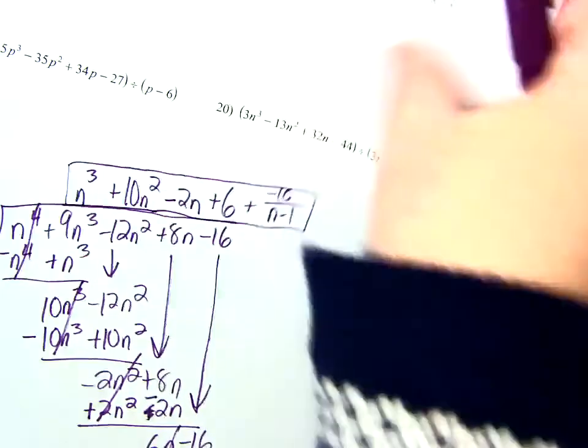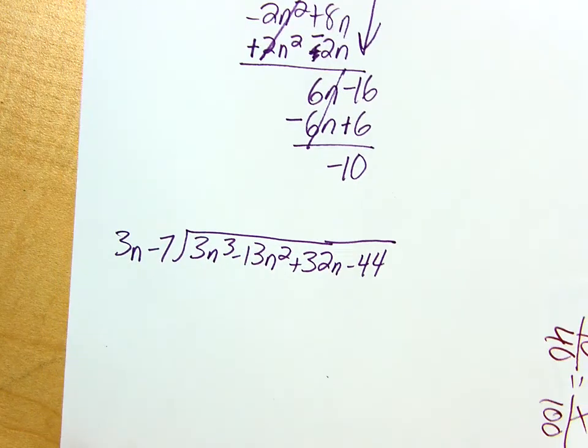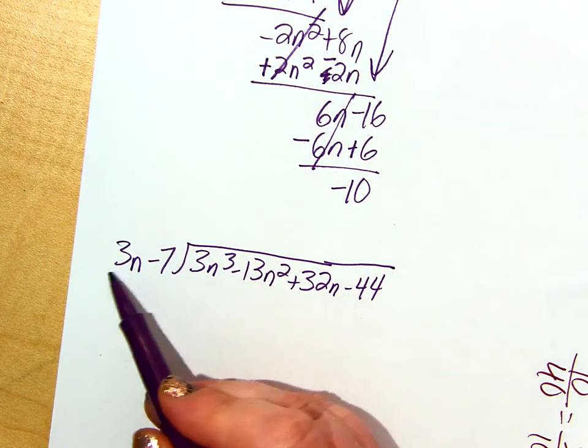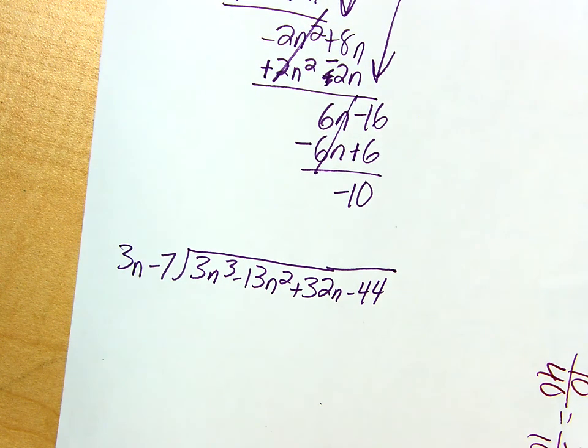So this is the first one, I think, that we've done where this leading coefficient isn't just a 1. It doesn't change anything. I still just operate the same way. It's just that now there's a 3 there.